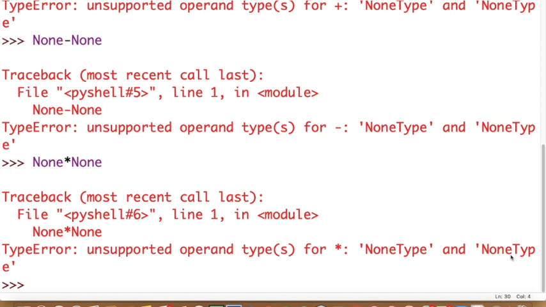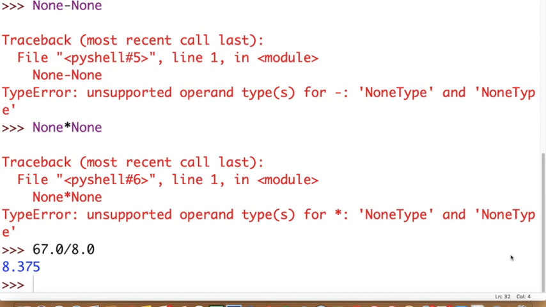Now let us come to the next problem, that is 67.0, a decimal value, divided by 8.0. It gives us 8.375, so as expected it is giving us the quotient. Now what happens if I remove this decimal point?